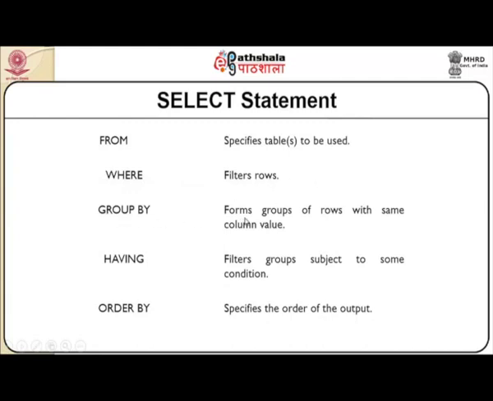Group by forms groups of rows with some column value. Having filters groups subject to some condition, and order by specifies the order of the output.